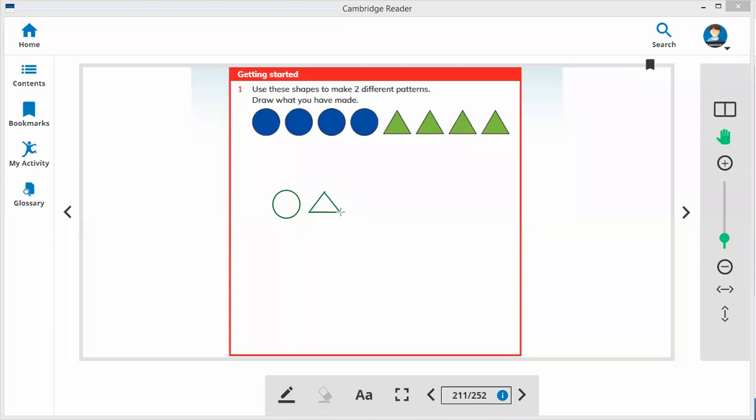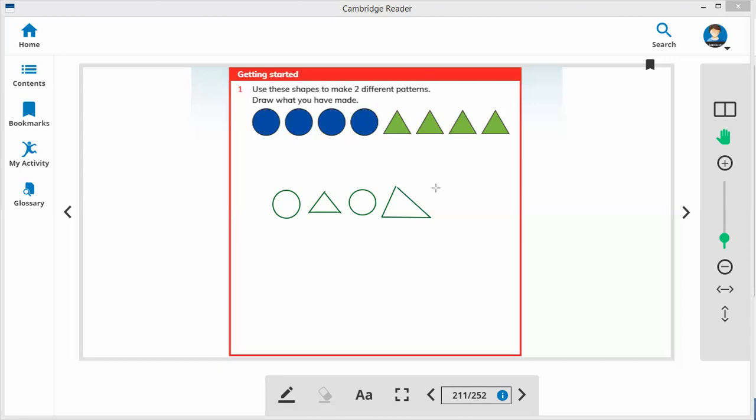Like this. Then we are going to take a circle again, and then we are going to draw a triangle. Again, this is the pattern that we are going to make on our own. It's our decision to make them, okay? So I choose circle, triangle, circle, triangle. So again, we are going to continue like this.